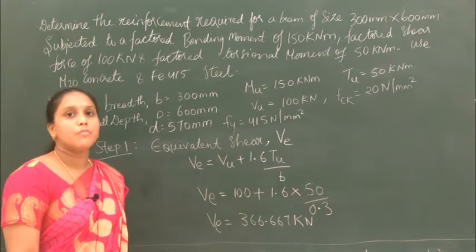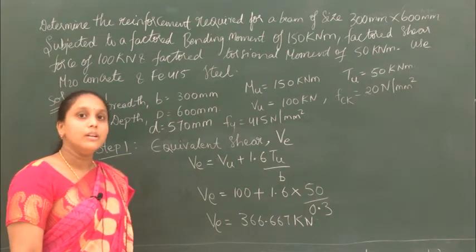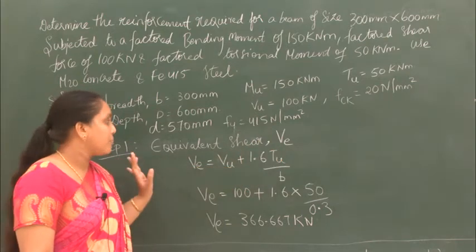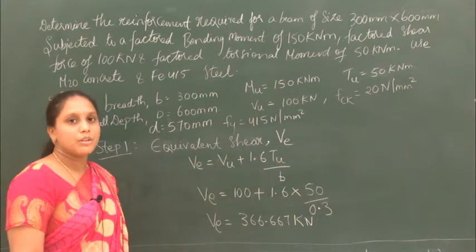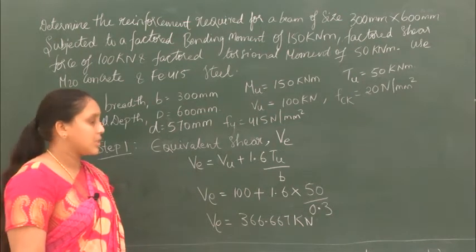So what is the next step? What we have to do? We have to calculate the equivalent shear stress. Okay, we have calculated the equivalent shear force. Now we are going to calculate the equivalent shear stress.